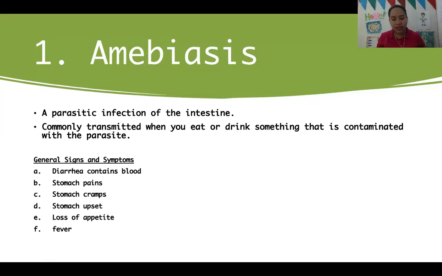Okay? It attacks the lining of the large intestine that causes diarrhea that contains blood. Okay? Stomach pains. We also have stomach cramps, stomach upset, puro stomach kasi large intestine yung kanyang target, and loss of appetite and fever. Okay, what's the next one?